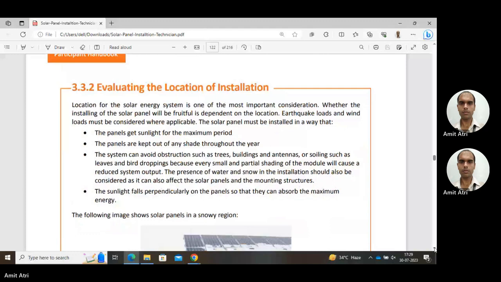Now, the next topic is evaluating the location of installation. Whether the installation of the solar panel is successful depends totally on the location.